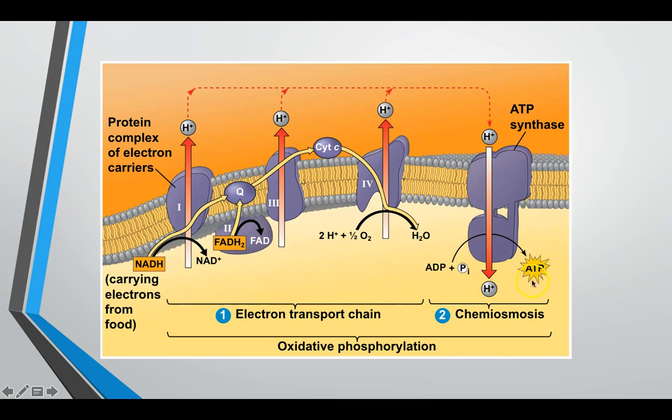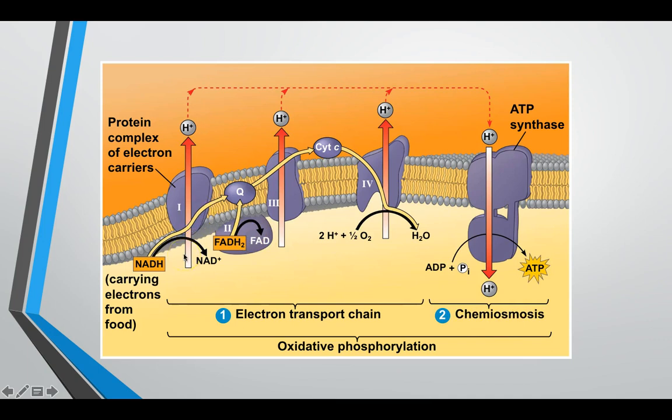The formation of ATP using this proton gradient is called chemiosmosis. This gradient created is called a proton motive force because it is the motion of the protons, this force that's created by these protons, that drives the chemiosmosis.